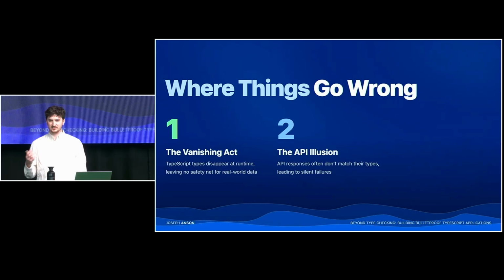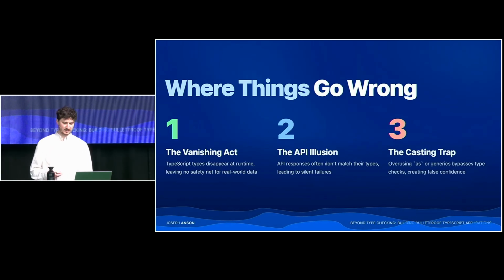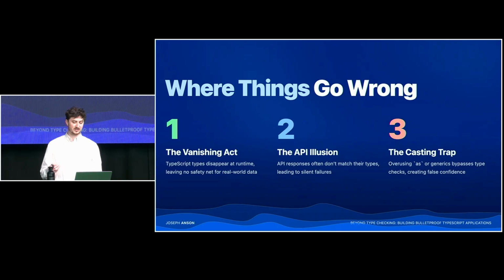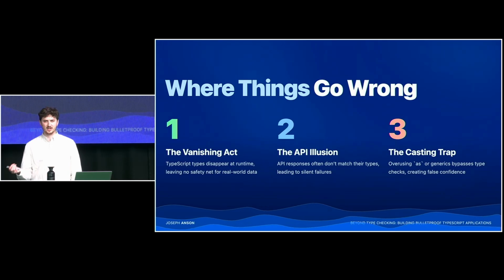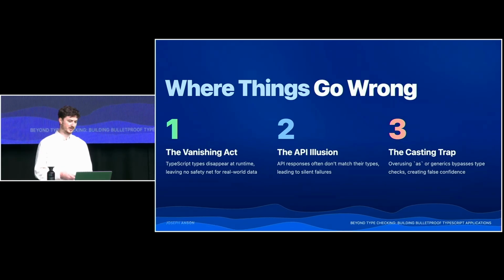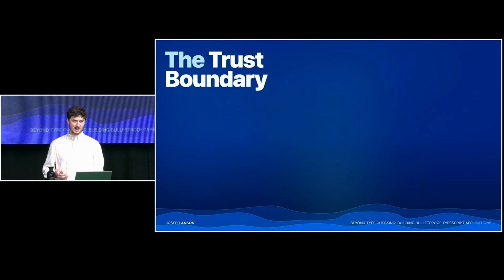And very often they don't, and this will lead to a lot of styling errors in your applications. And thirdly, with TypeScript, we have an overuse of the as keyword, or using, for instance, generics to kind of set data coming into our application. So whether this is API requests or form data and the like, this can also lead to errors within our application. So I like to think of this in the way of a trust boundary.